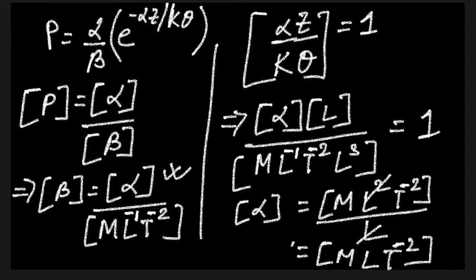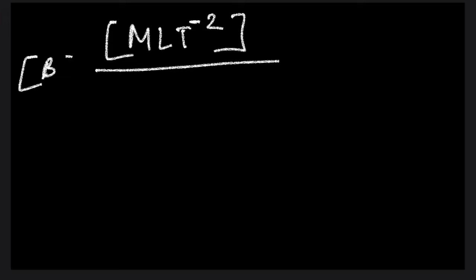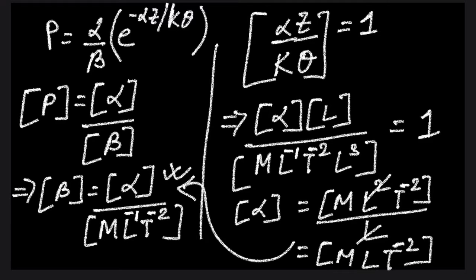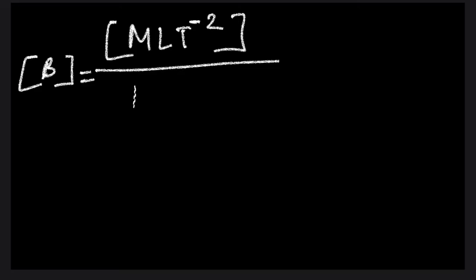Now this I am going to substitute over here. Let us go to the next slide. Okay, so M L T to the power of minus 2 divided by, let us see what was there in the denominator. Yes, it was M L inverse T to the power of minus 2.